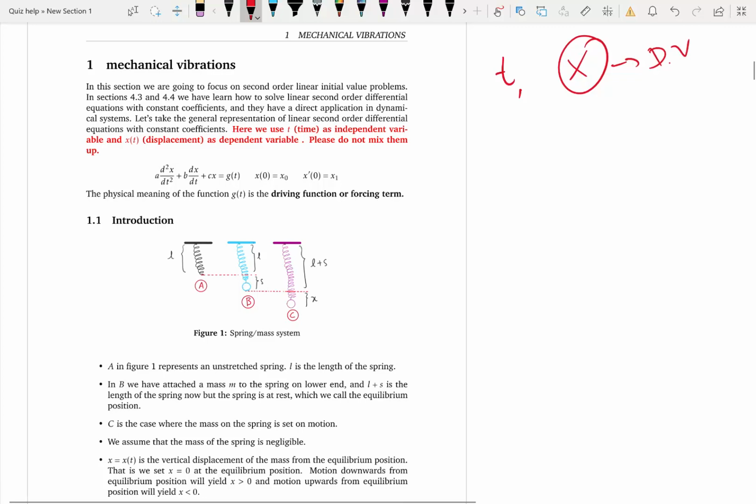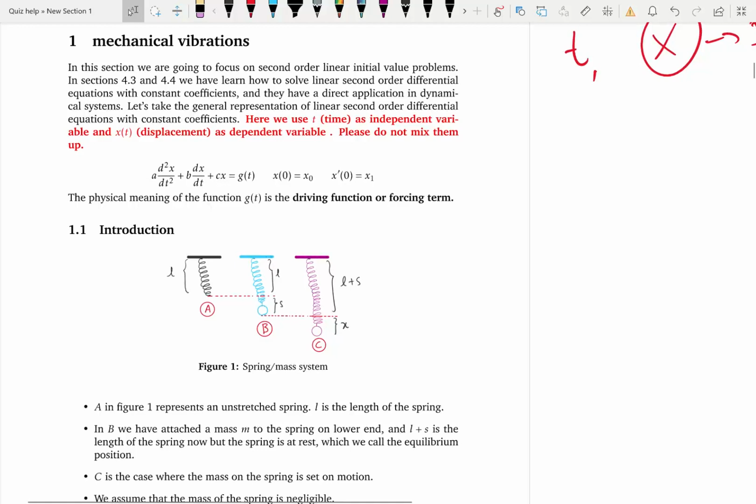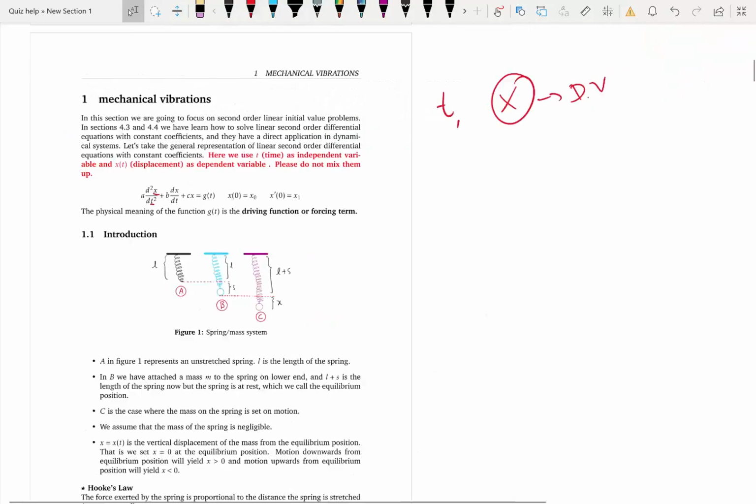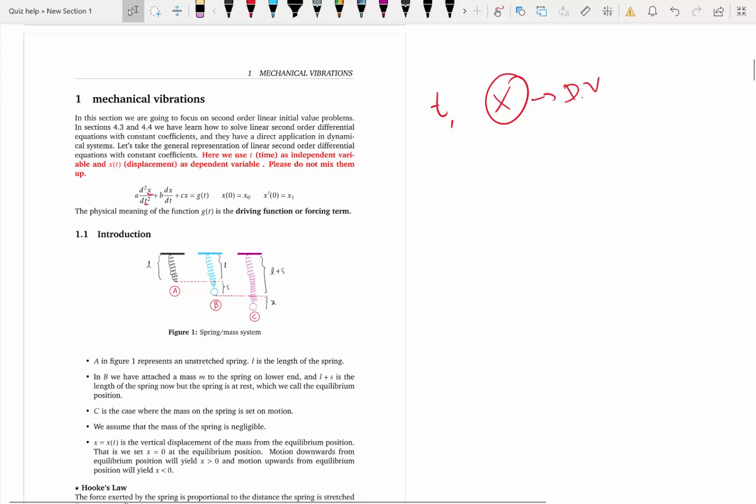The dependent variable, we usually write it on the top, right? The independent variable on the bottom. And the other thing is, of course, t is time and x is the displacement. So when you attach a mass, it's going to get a motion. So x represents the displacement from the initial position or the rest position.